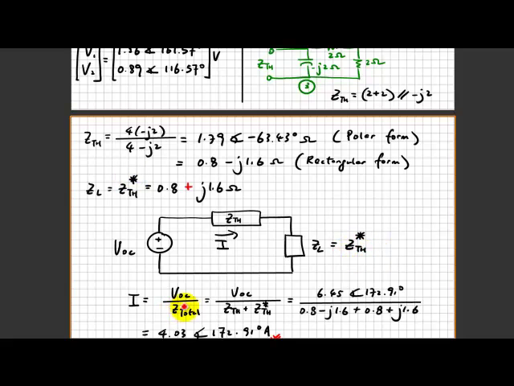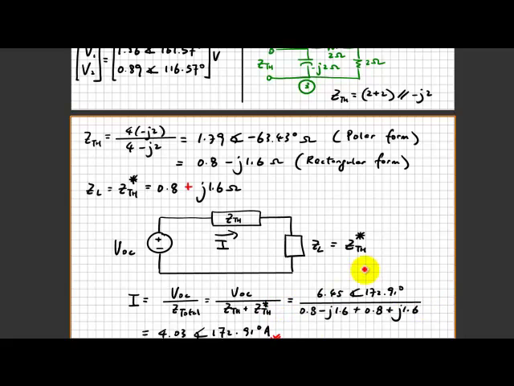To find the current going around this loop, it is V open circuit divided by the total impedance, which is Z Thevenin plus Z Thevenin conjugate. We have 6.45 with an angle of 172.91 divided by the total.